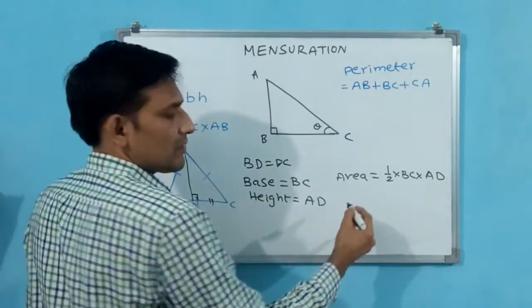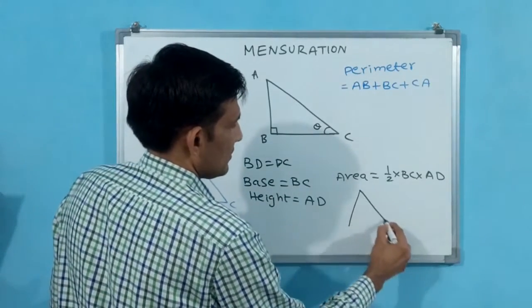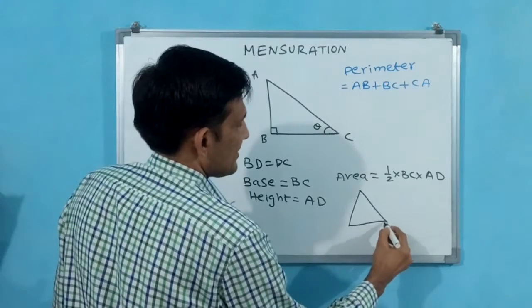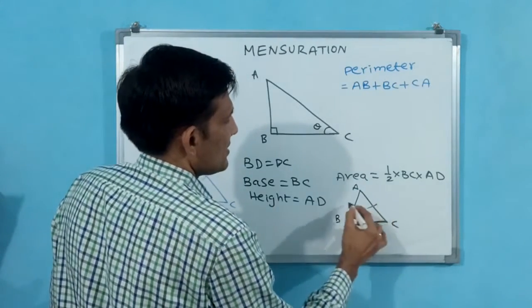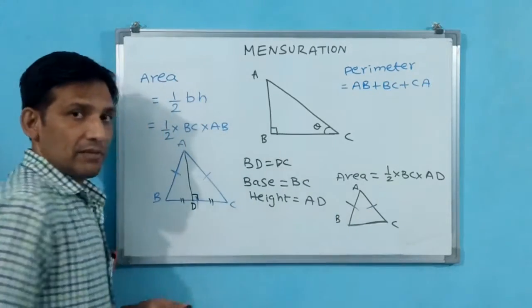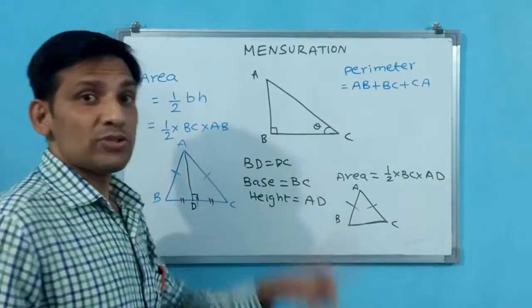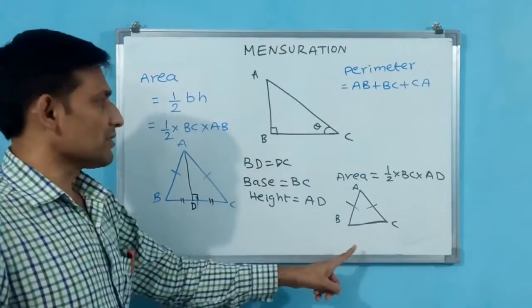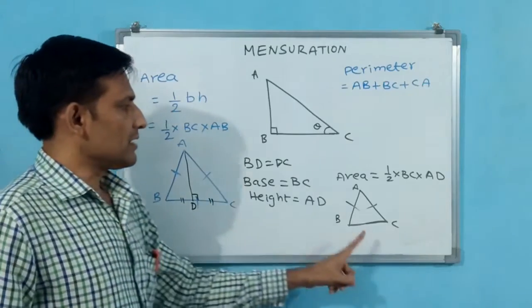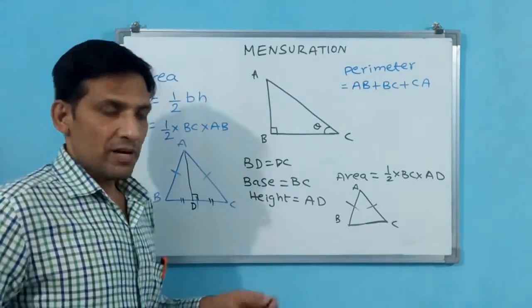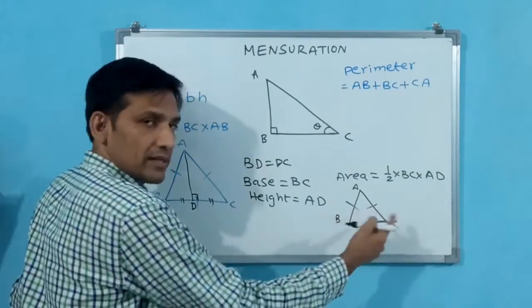Let us see the isosceles triangle. A, B, C. Only two sides are equal. The third side is not equal for an isosceles triangle. I am talking about isosceles, not equilateral. Right angle triangle, equilateral triangle, isosceles triangle. For the isosceles triangle, two sides are equal.